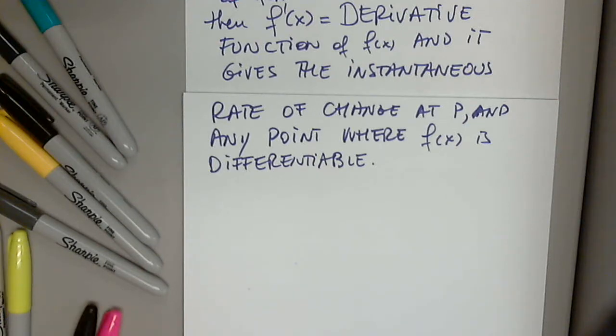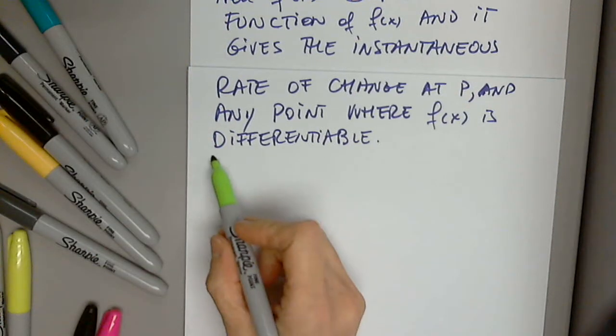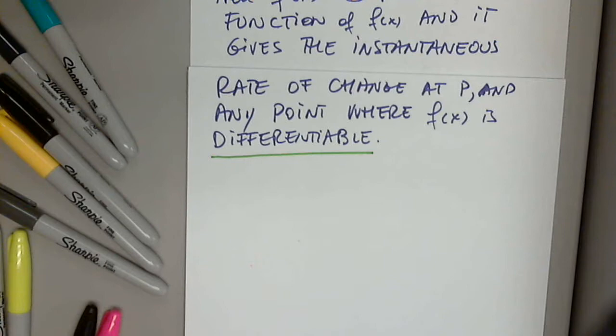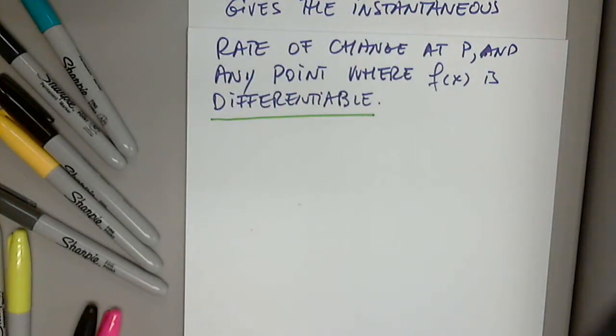So since I had this question now, and I will come back to it if we need to, but let's talk about when is a function differentiable, or when is a function not differentiable. One more time. What does differentiable mean? So a function is differentiable at a point, and I'll write this down, if it has a unique tangent.